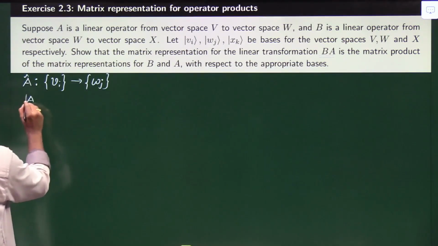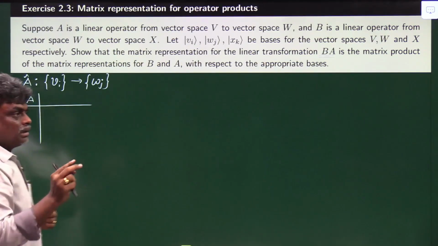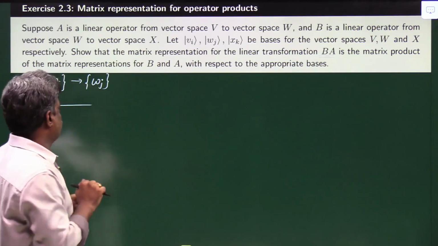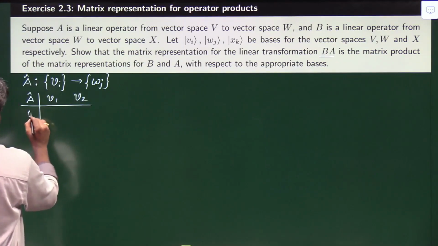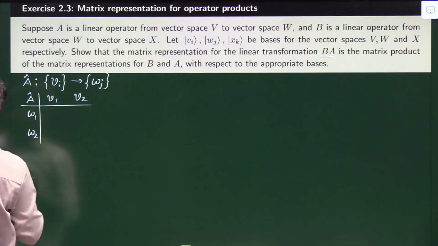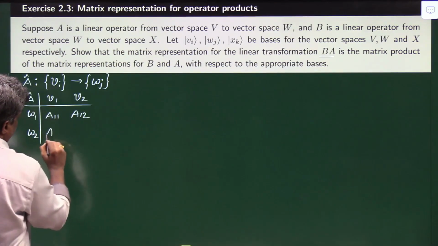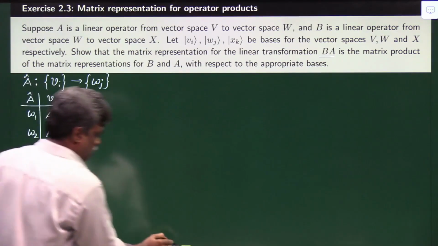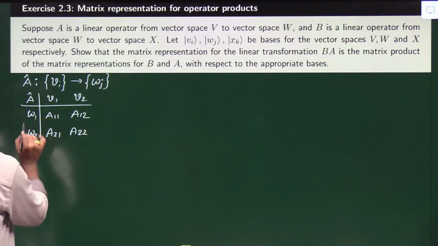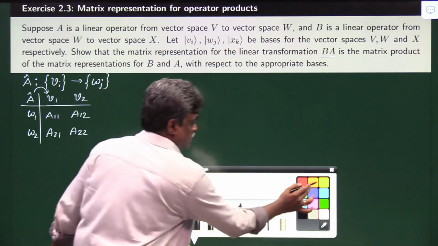So let us represent this operator in matrix form. Let us define the vector spaces as 2-dimensional, so V1 and V2 for ease, and this is W1 and W2. So what is this element? First row, first column, first row, second column, second row, first column, second row, second column. Now let us define what this operation is. If A operates on V1, what is the meaning of this?